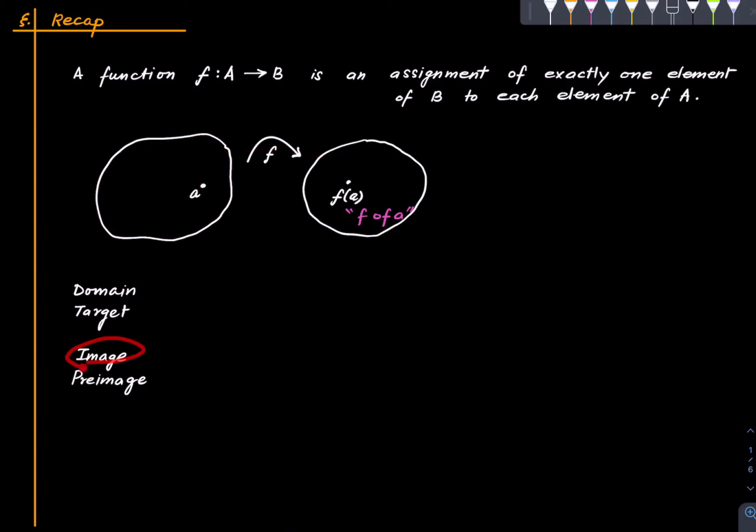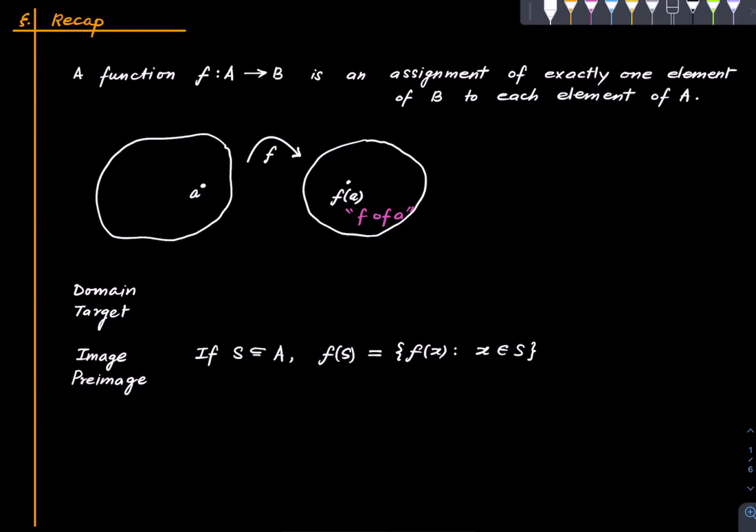Image: given any subset S of the domain, the f-image of S, written f(S), is nothing but all the outputs that you get as you vary over S. So that's the notion of image.